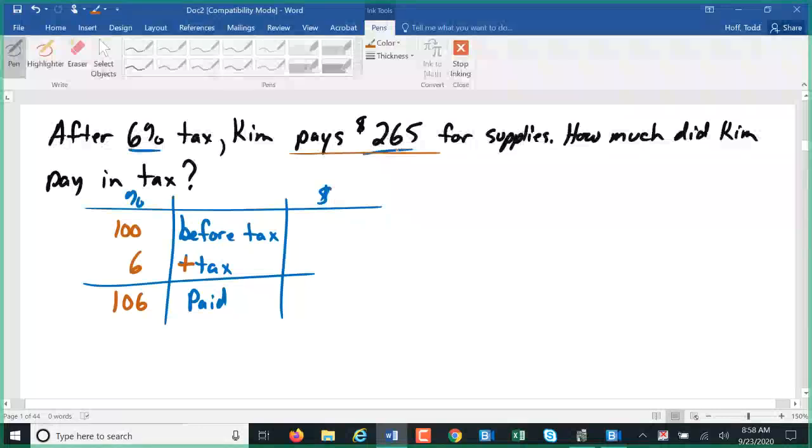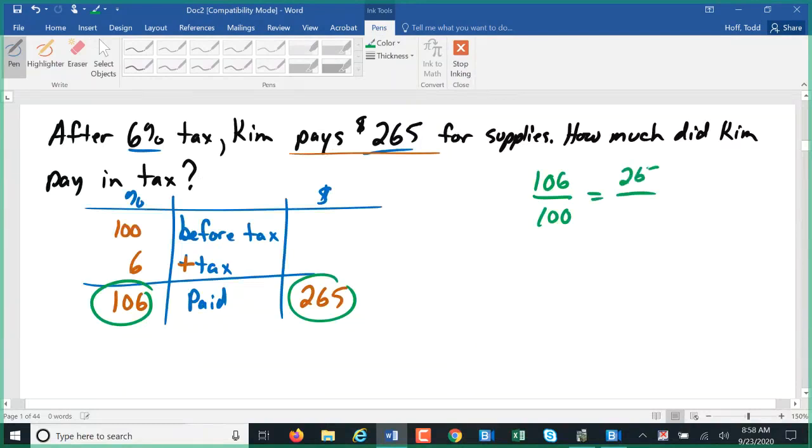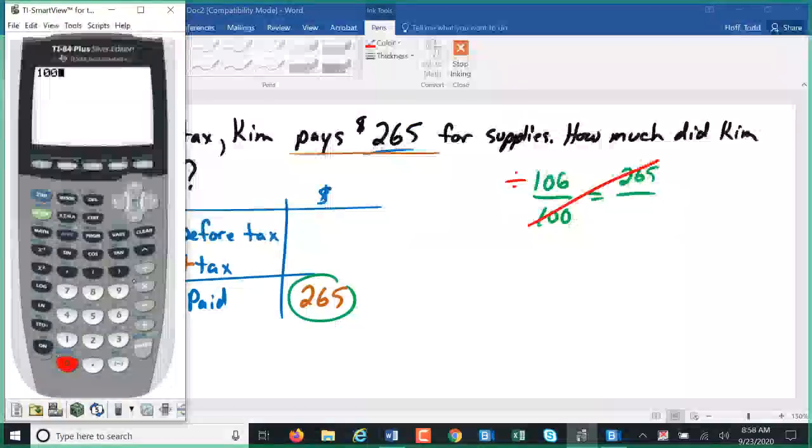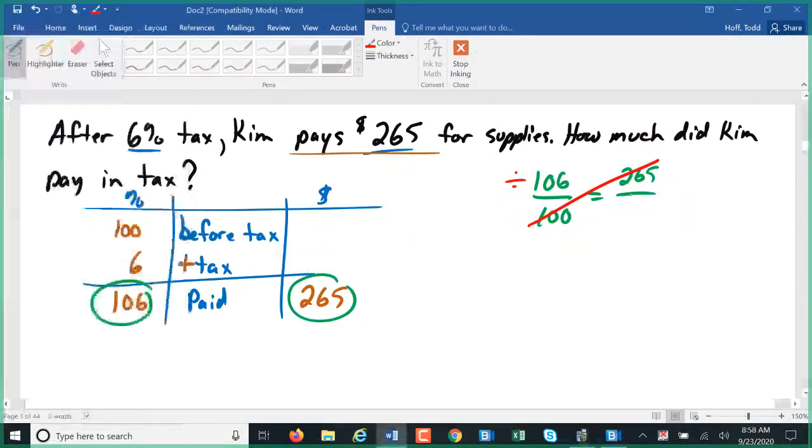The 265 represents the amount paid. So that 265 goes with 106%. So we can use that 106% here as 106 over 100. The 265 goes with the 106, and we cross multiply and divide. 100 times 265 divided by 106 gives us 250. Now 250 represents the same thing as the 100%.